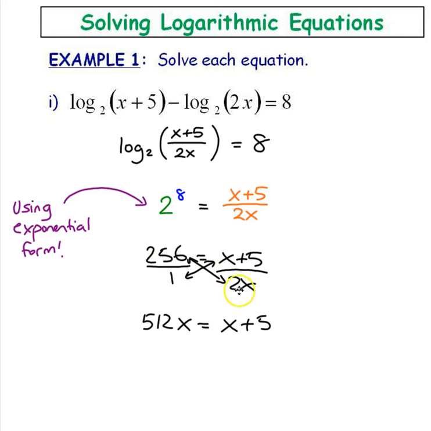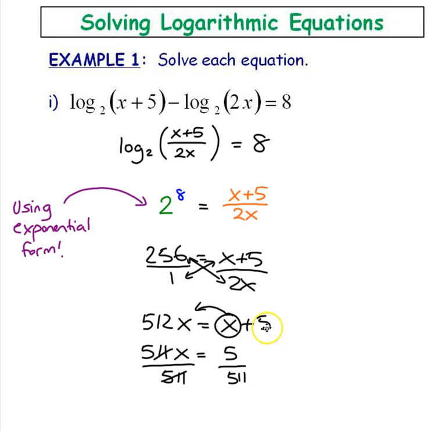So 256 times 2x is 512x. 1 times x plus 5 is going to be x plus 5, and just bring over the x so that it's together with that other x, and it's going to become a minus. So that's 512x minus 1x, which gives you 511x.